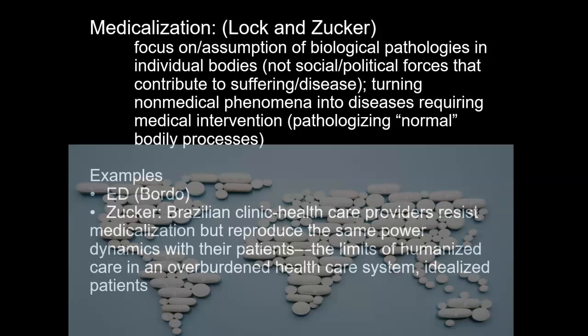One is, again, coming from Bordeaux, the scholar that we talked about in the previous slide, who wrote an interesting piece where she talks about medicalization in terms of the illness category called erectile dysfunction, which one of the things that she suggests about is that this is an example of the pathologizing of what are really quote unquote normal or expected processes within male bodies, right? That men in middle age will behave differently in terms of their sexuality than men, for example, in their 20s.